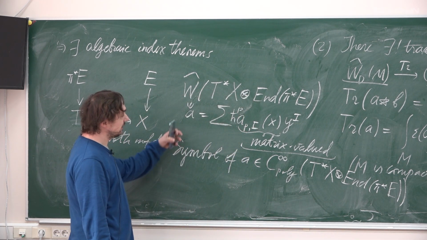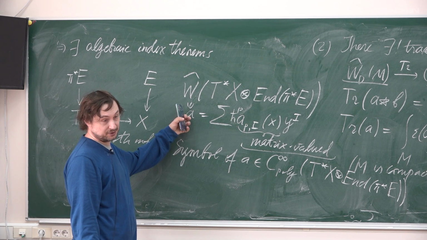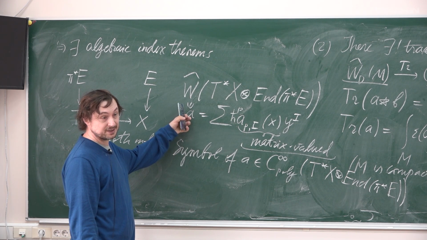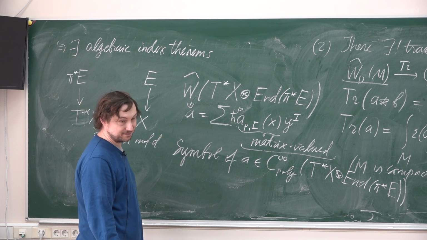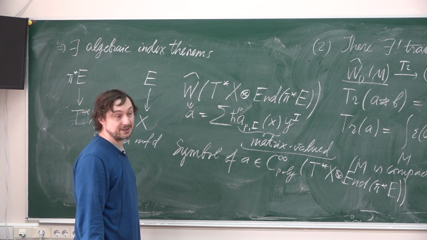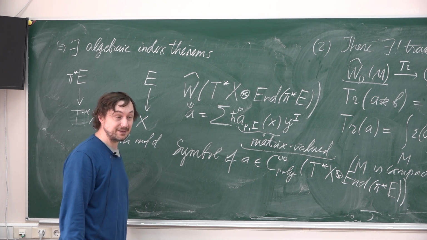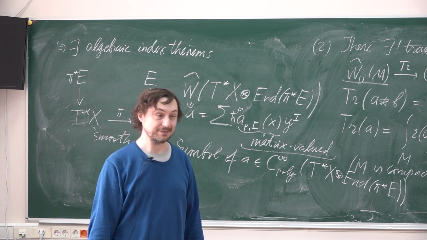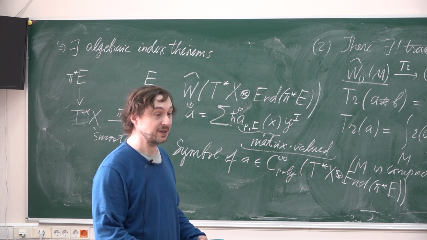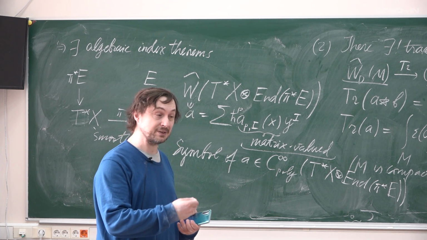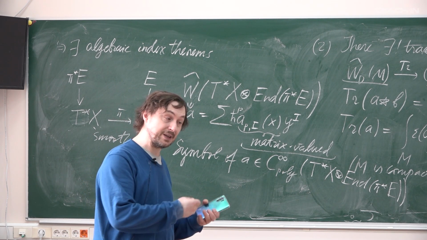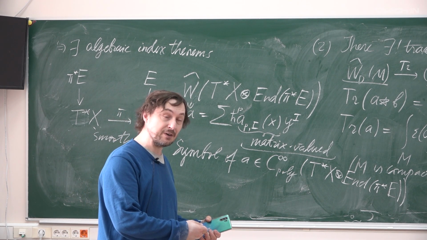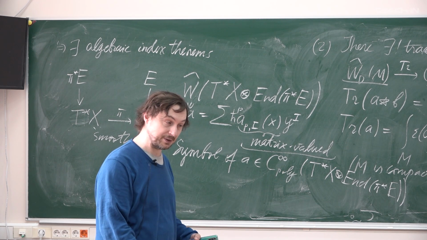But this time, these elements are not genuine differential operators. They're just some elements of non-commutative algebra. As I explained, Moyal product can be identified with Weyl algebra. The algebra of polynomial functions on some Euclidean space equipped with Moyal product can be identified with the algebra of polynomial differential operators on this space.